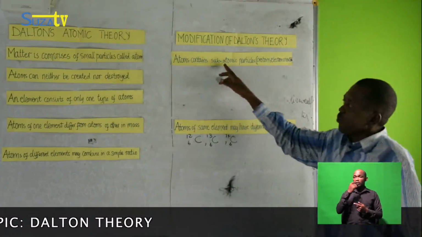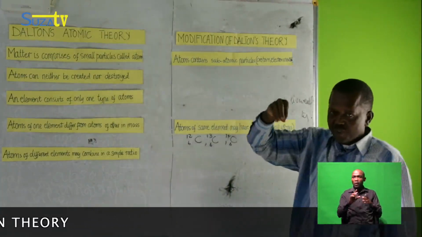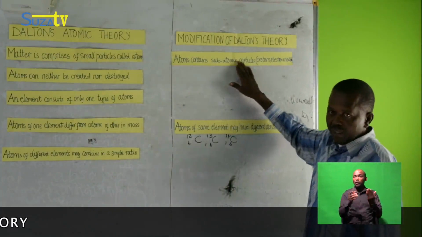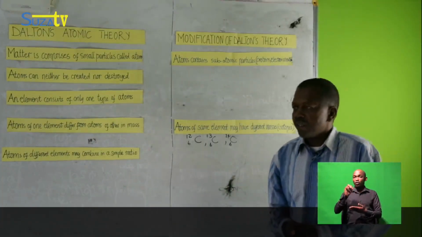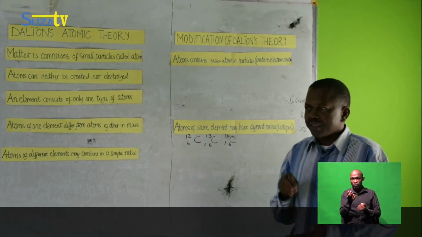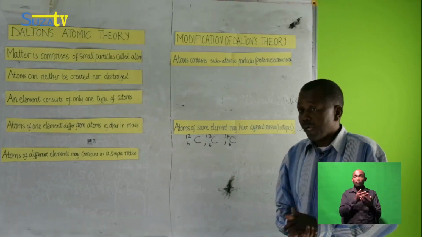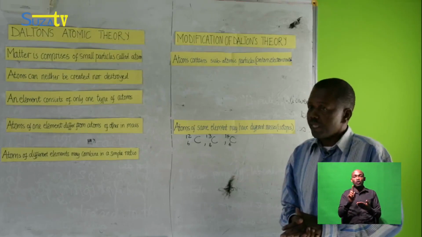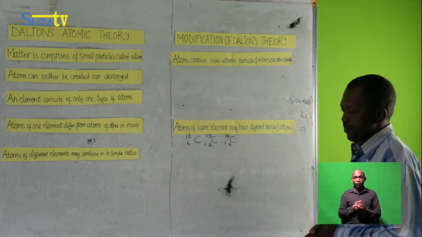Because when you say small particle, inside that small particle there are some subatomic particles. So by saying small or tiny indivisible particle, you make it smaller, as not small at all, because it is no longer indivisible, as the modification says.